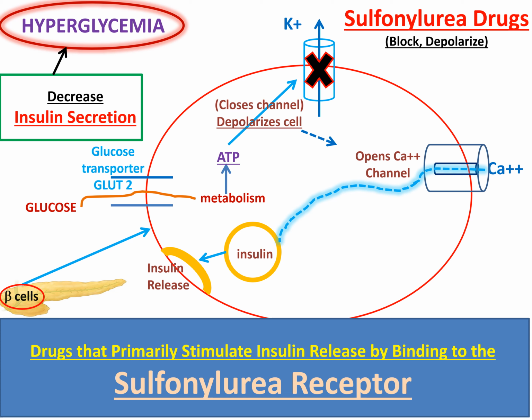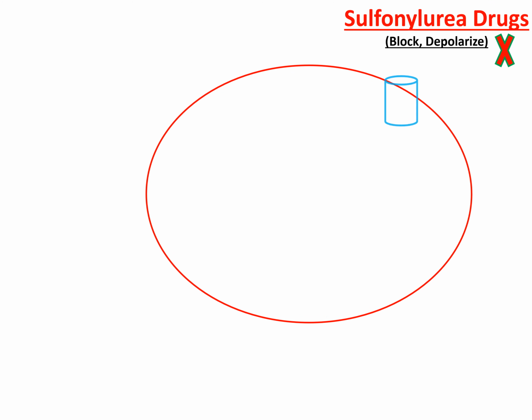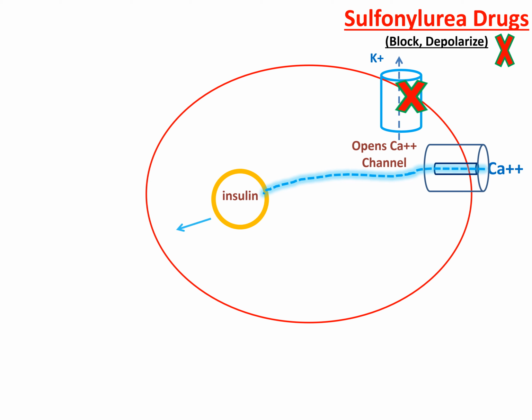So these sulfonylurea drugs will be blocking the potassium channels and producing a depolarization of the cells, and that will open the calcium channels and finally enable the release of insulin from the beta cells. So the sulfonylurea drugs, by blocking the potassium channels and opening the calcium channels, let the insulin release.